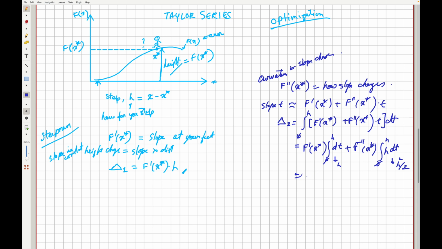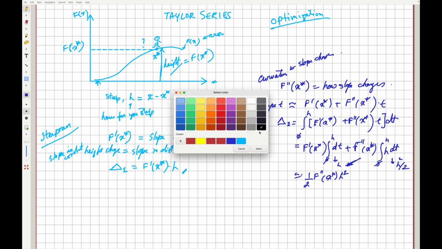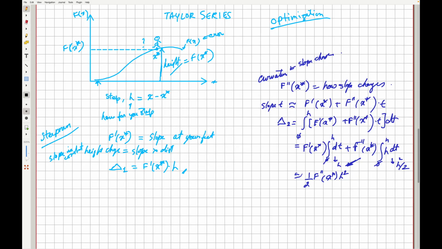And so what we get is 1 by 2, or one half, f double prime x star h squared. So that's the second part, this part right here. And so what we are saying is this part represents the curvature.